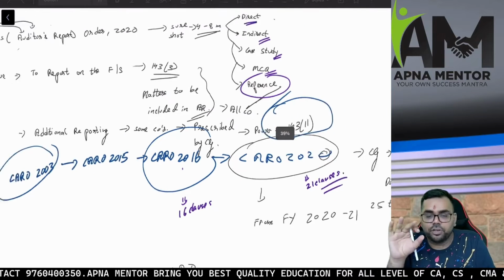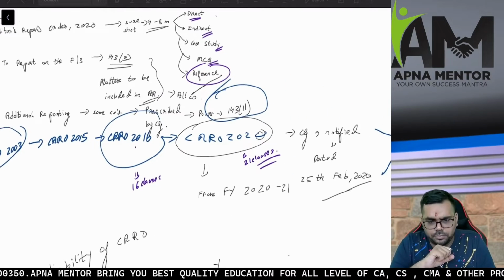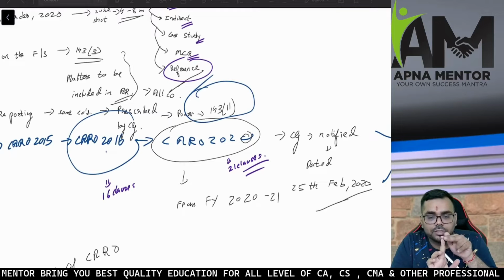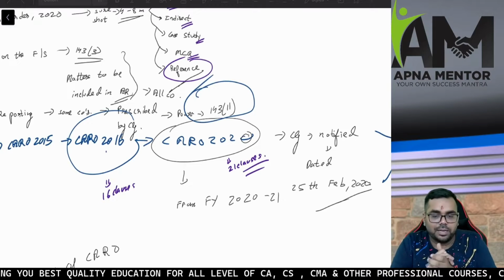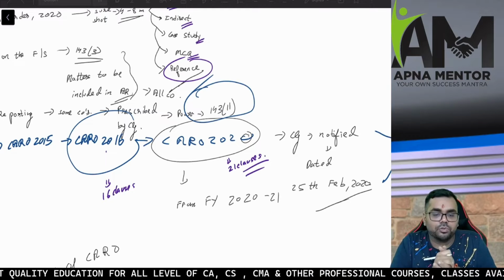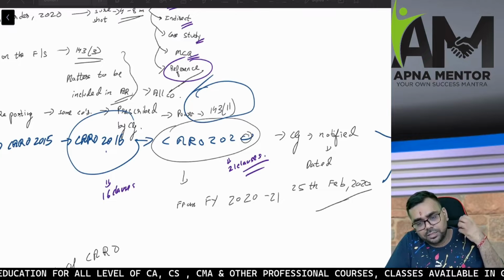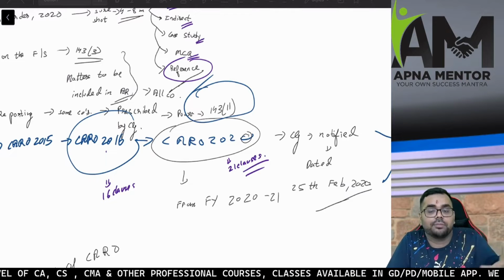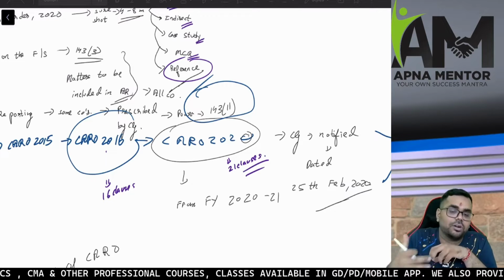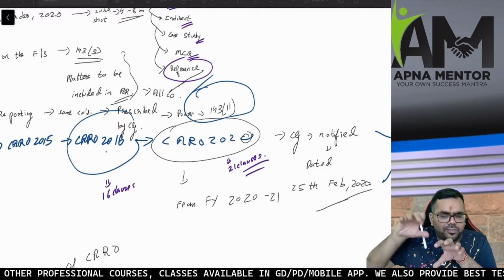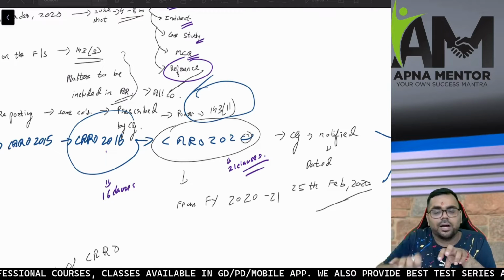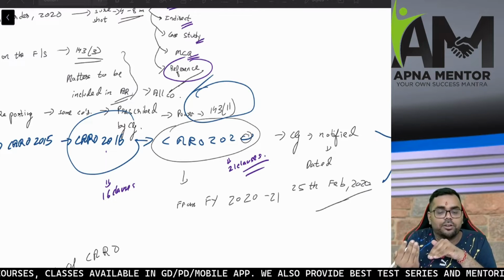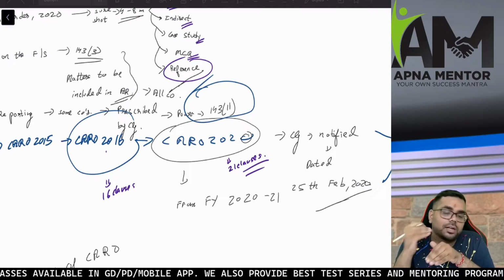If we talk about CARO 2020, there are two things to be learned and remembered in this chapter. One is the applicability of CARO 2020, that is, to which companies CARO 2020 is applicable. Because as a statutory auditor, if I am the auditor of a small company, I don't have to report under CARO. Only if I am the auditor of a big company do I have to report under CARO.